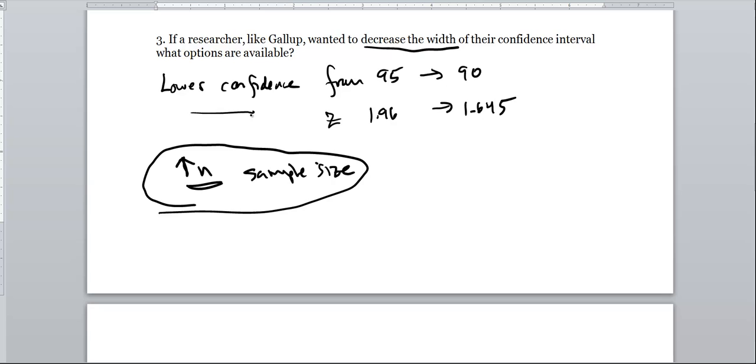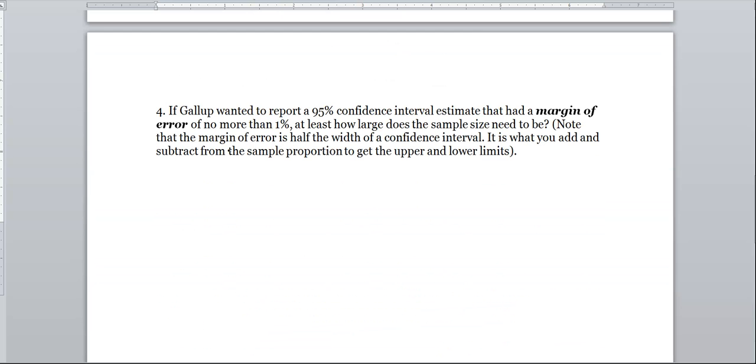Of course, this is a possibility. So let's say Gallup wanted to report the 95% confidence interval, but wanted to have the margin of error of no more than 1%. All right. So the margin of error is going to equal 0.01.